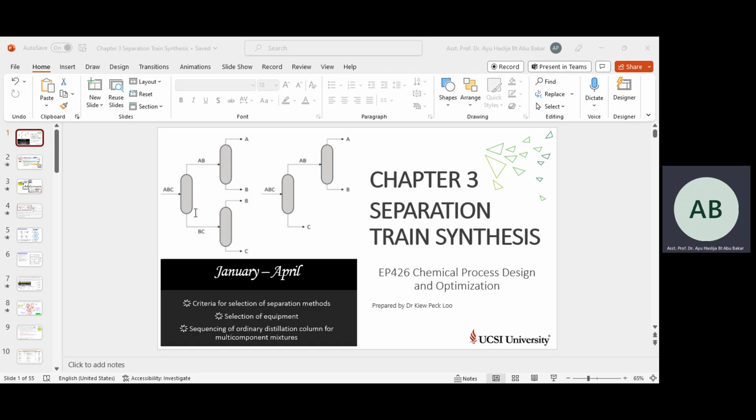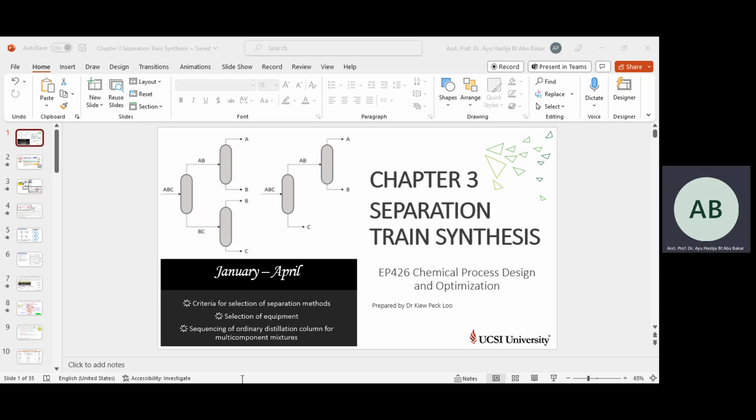Okay, CLO2, which is chapter 2, the hierarchy of design. And CLO3, which is today's topic, separation train for multi-component mixtures using heuristic of sequencing. So chapter 3, we will start on CLO3.